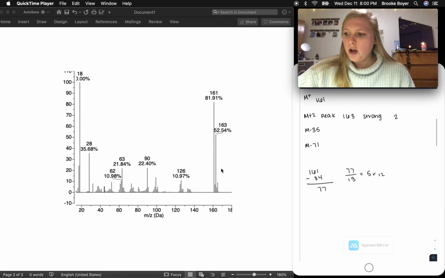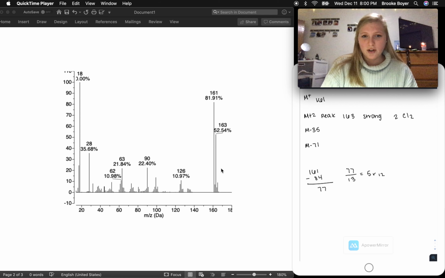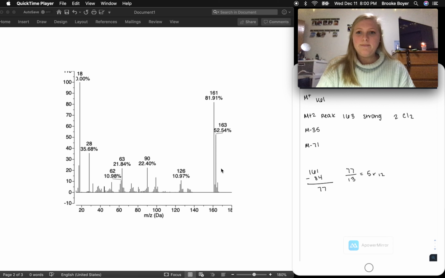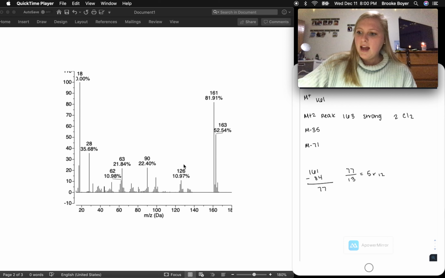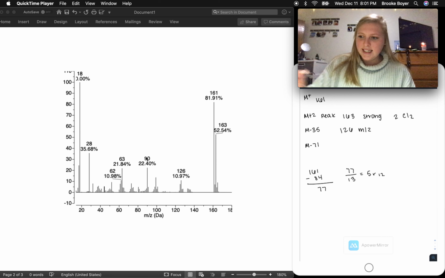And to support that, we have to check to see if there is an M-35 peak, because chlorine weighs 35, and so the M-35 peak would be at 126, and we do have one. And if we have 2 chlorines, there would be an M-70 or an M-71 peak, which we do have, at 90.